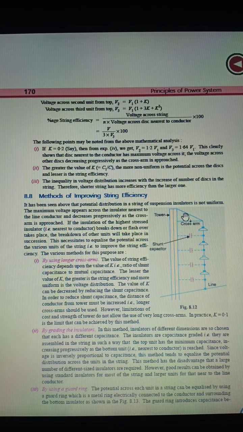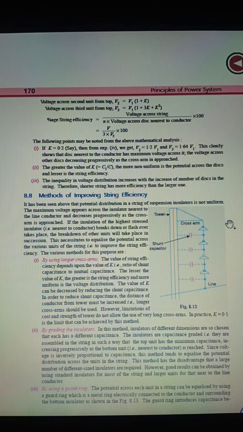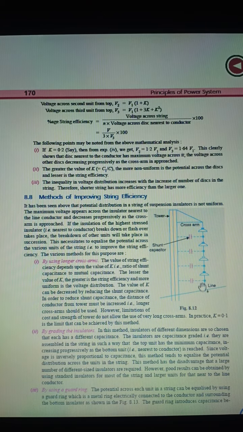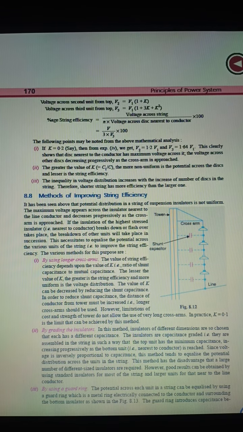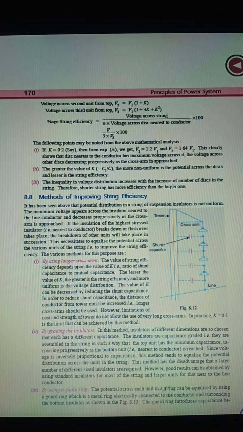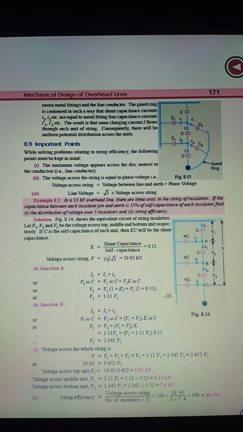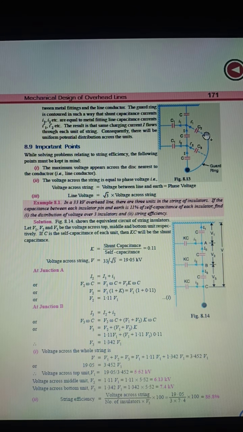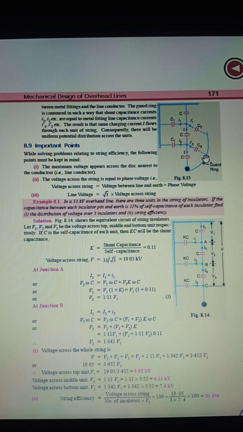Second, we can improve string efficiency by grading the insulators, using different types of grading and dimensions. And third is the guard ring. By using the guard ring connected to the conductor, different values of C3 and C2 are created, and as a result the string efficiency improves.